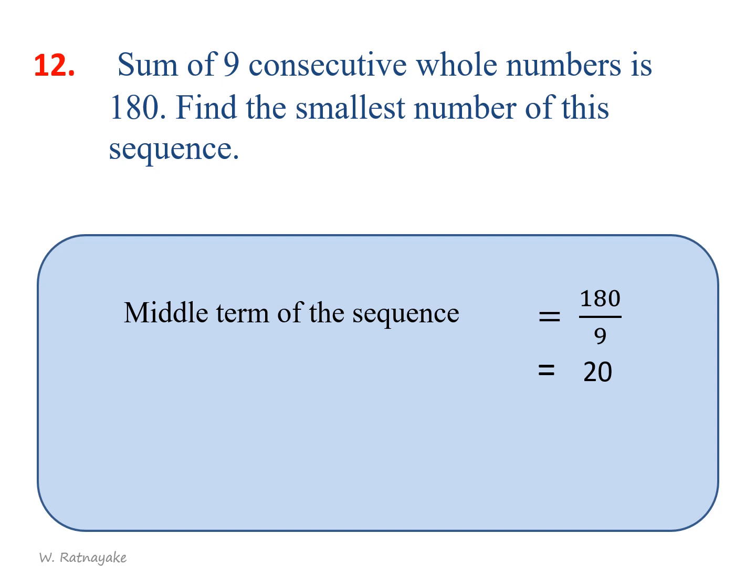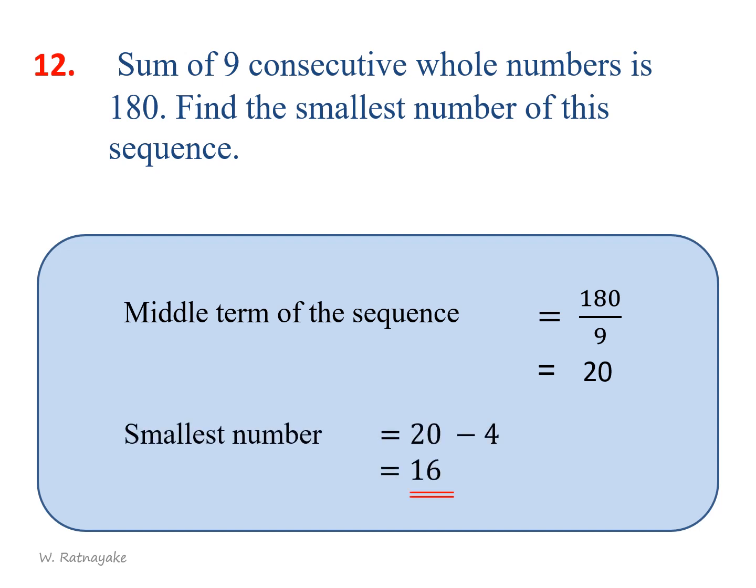These are consecutive whole numbers. Therefore, we can go backward from 20 by 4 terms to find the smallest term. Then 20, 19, 18, 17, 16. That should be the smallest number.